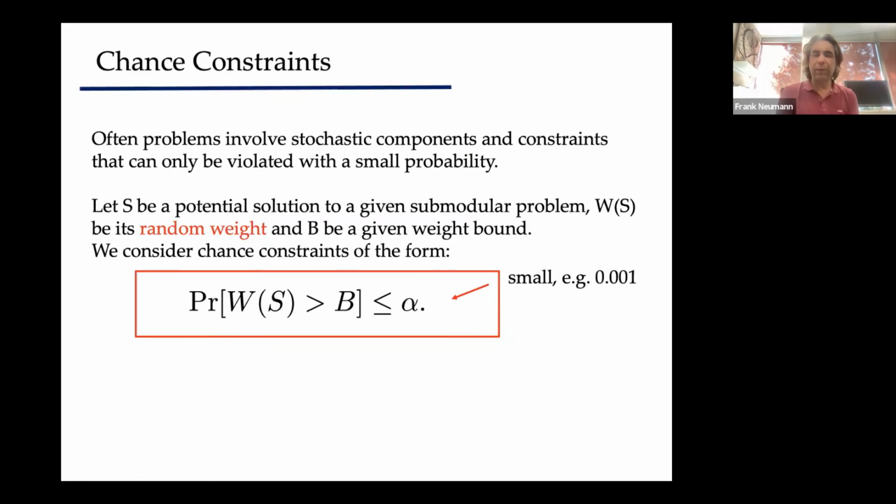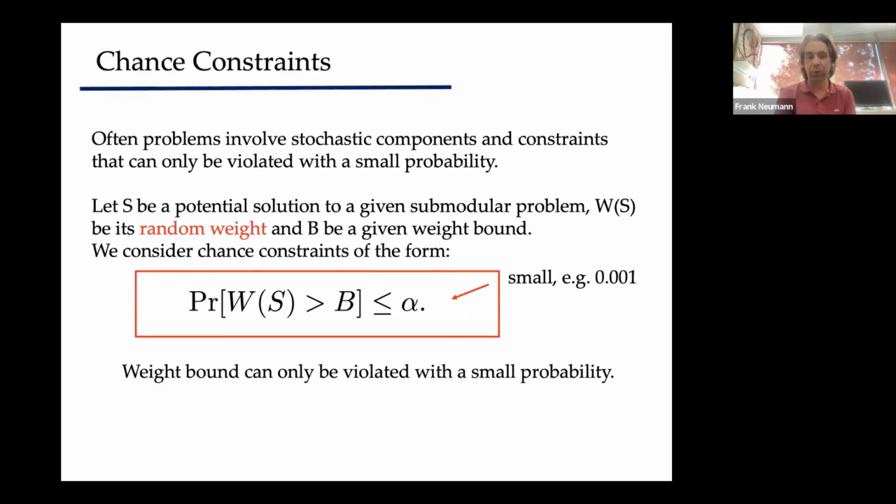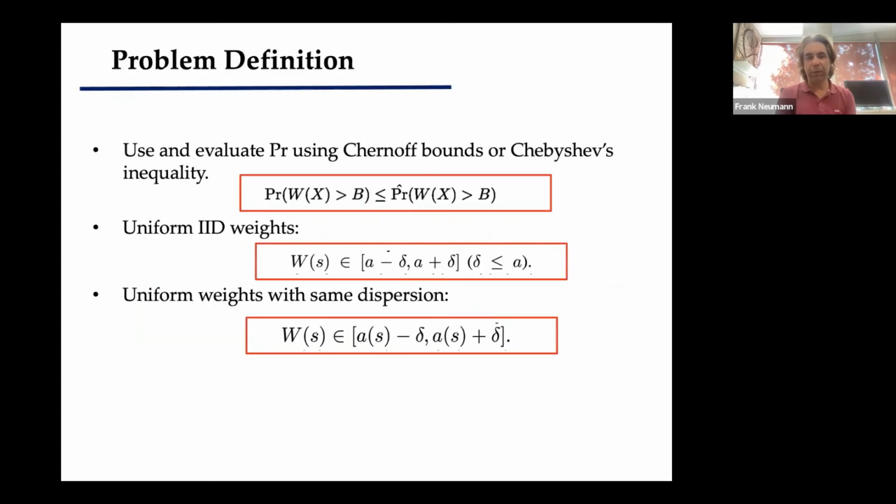This is just the setting that we are looking at. The other thing is that we would like to maximize the submodular function under this setting, and we assume now that the submodular function is again monotone. So the weight bound can only be violated with a small probability.